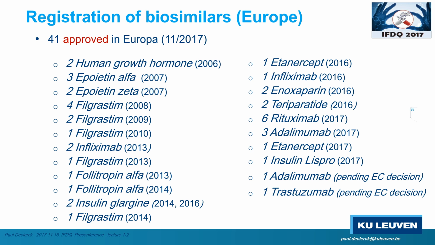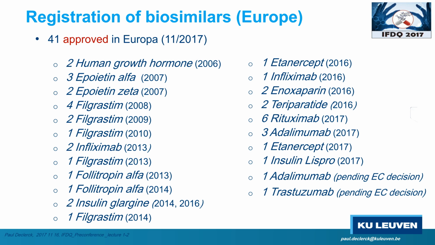There are approximately 41 dossiers that have been approved as of today, basically within Europe, by the European Medicines Agency. What may be important to notice is that for quite a number of products, for instance, for filgrastim, we have 4 that were approved in 2008, another 2 in 2009, 1 extra in 2010, for instance.